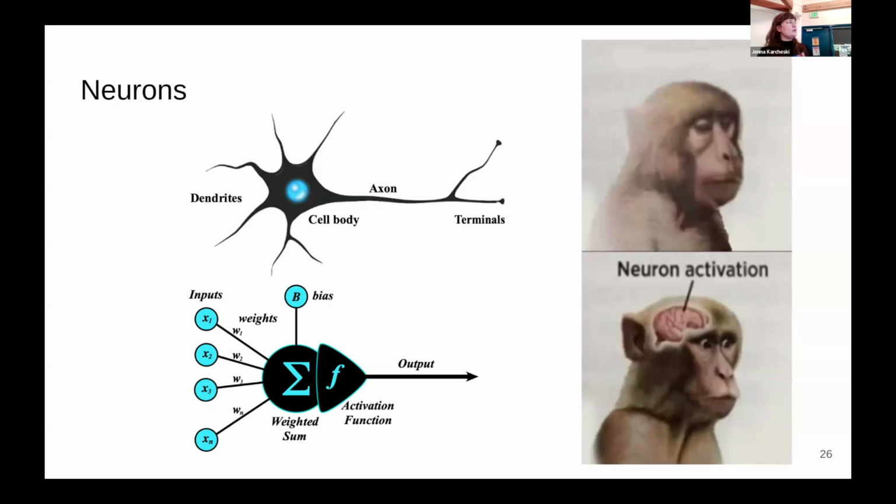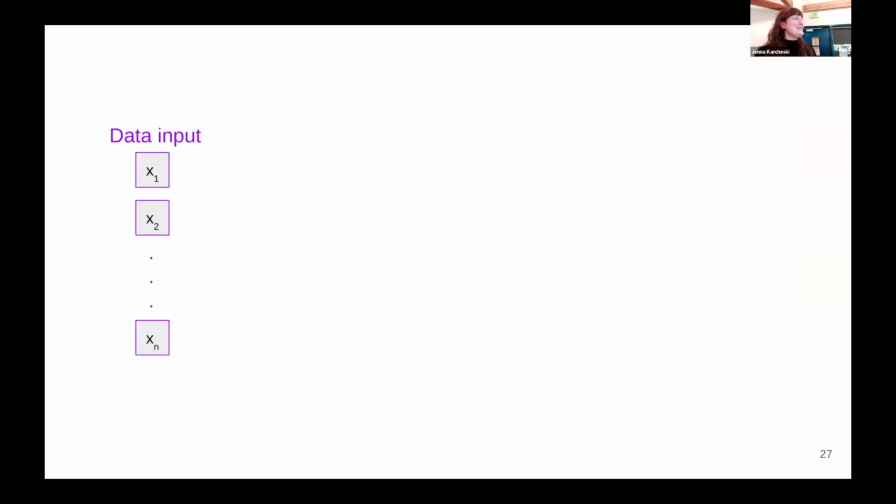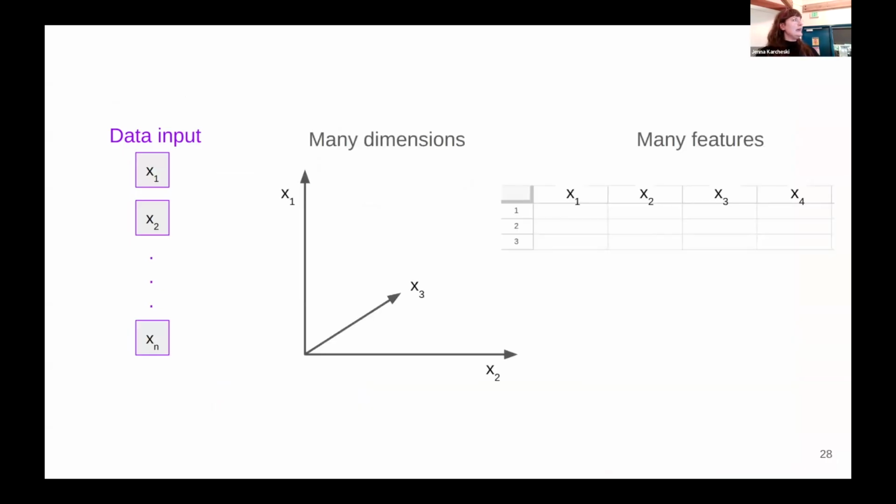The neurons in a neural network are kind of the same. They take in an array of connected information, and they produce some output. That's very vague, so let's try to go through it together. First of all, we have our data input, which in linear regression was just 2 dimensions. But in this case, we could have any number of dimensions or features, denoted by x1 through xn.